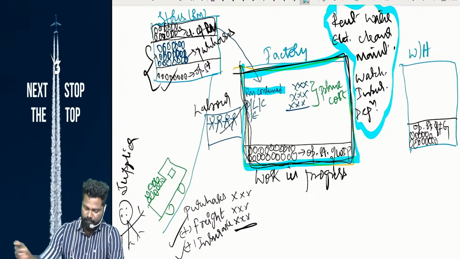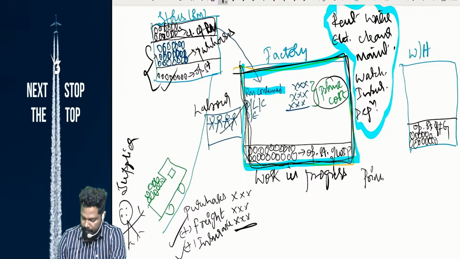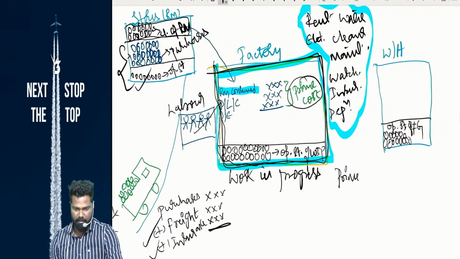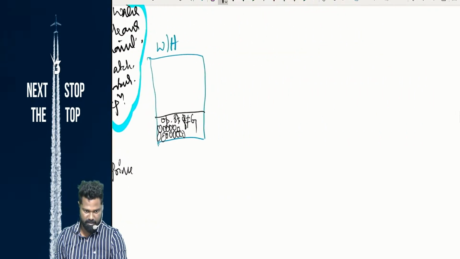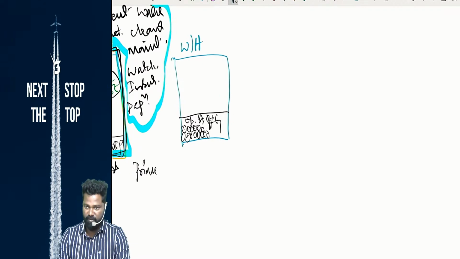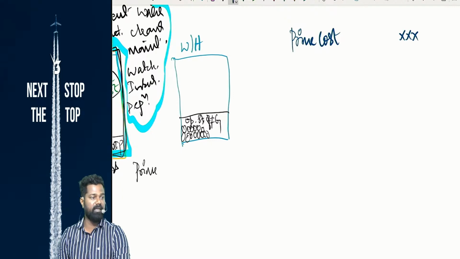Okay, next is what? So what happened after getting prime cost? Then what is to be added? I am taking this prime cost here. Up to this point, everybody clear?